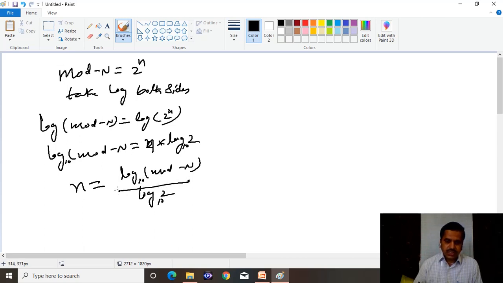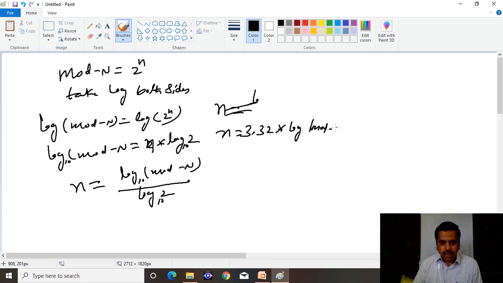Both are base 10. So we can write n is equal to 3.32 into log of mod n, where 3.32 is nothing but 1 divided by log 2 base 10, which is equal to 3.32.